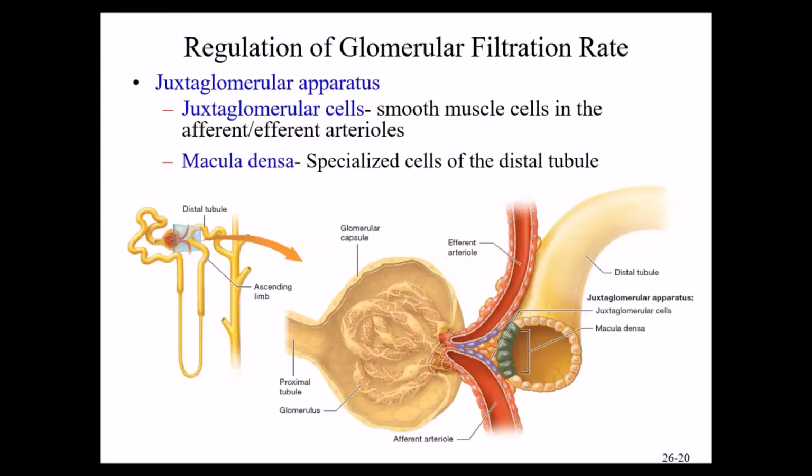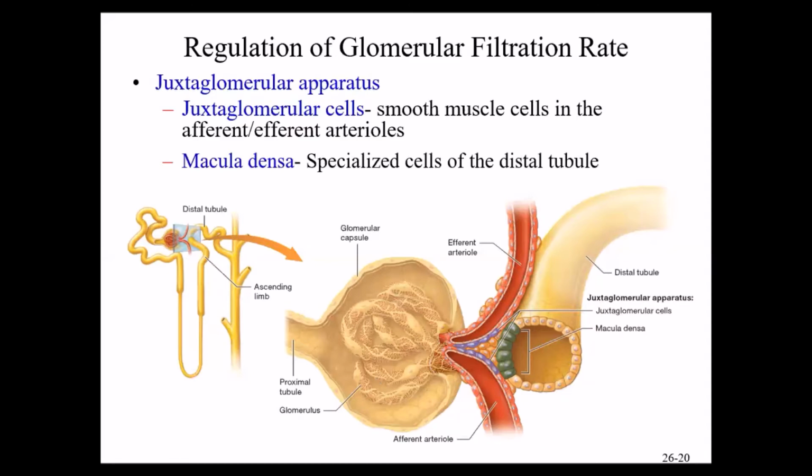The macula densa cells, we'll see this in a minute as well. These are specialized cells located in the distal tubule, right around this area. They have the ability to detect a change in the flow of filtrate, and they're right up against the juxtaglomerular cells, so they can send a signal to the afferent or the efferent arteriole to either constrict or dilate.